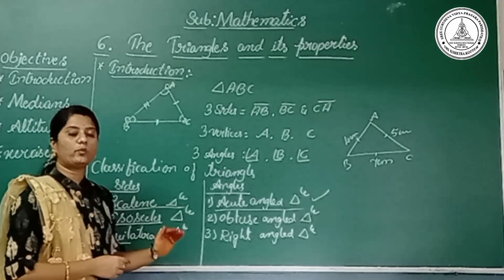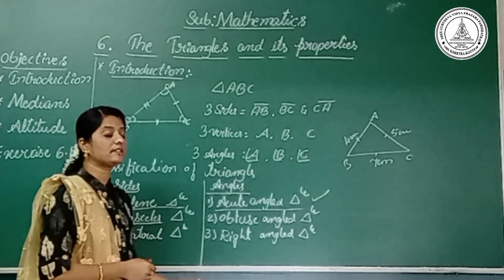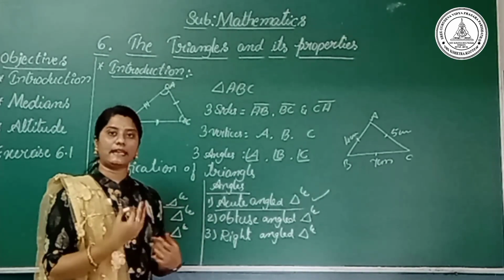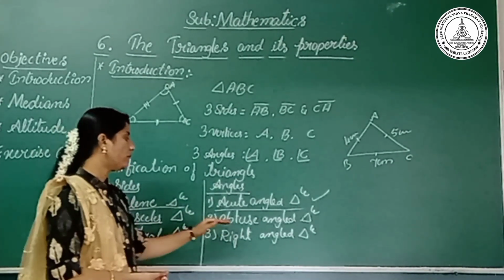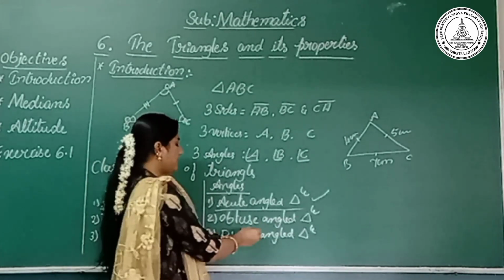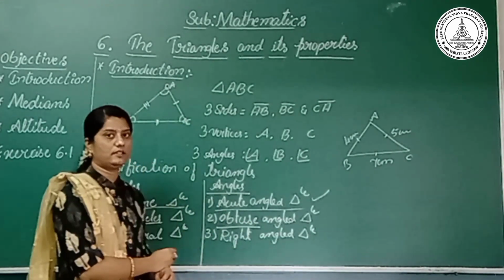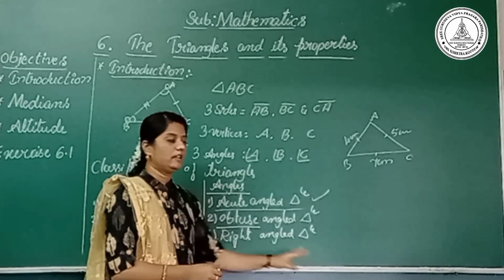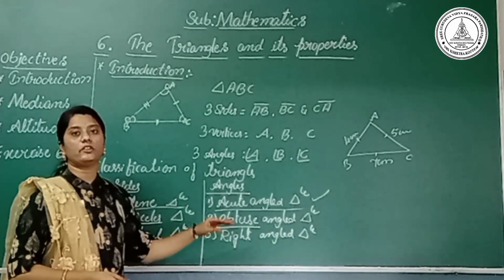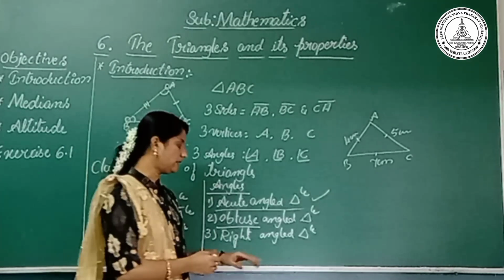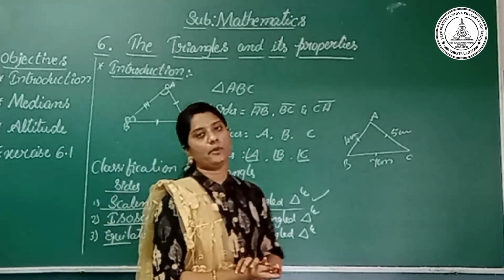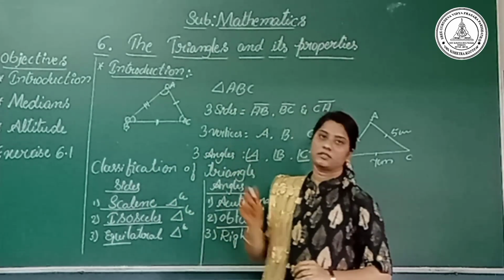If one of the angles measures more than 90 degrees and less than 180 degrees, then it is said to be an obtuse angle triangle. The third one is the right angle triangle. In a triangle, if one of the angles measures 90 degrees, then it is said to be a right angle triangle. So this is the introduction of triangle.